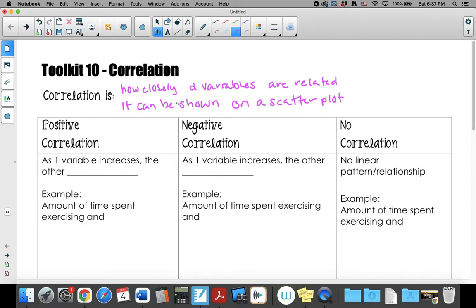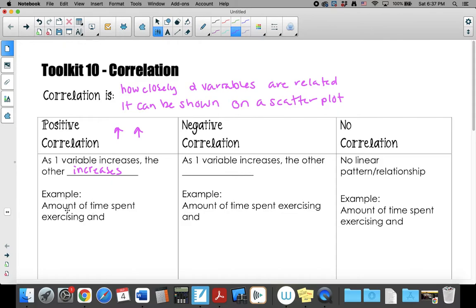So first, let's talk about positive correlation. Positive correlation is as one variable increases, the other also increases. So as the x variable increases, so will the y variable. If we're thinking about positive with linear correlation, this would be positive slope. An example of this is the amount of time spent exercising.